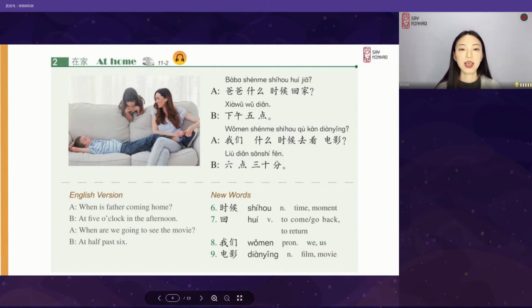Okay, now let's try to read it from the start. Read after me, please. 爸爸什么时候回家? 下午5点. 我们什么时候去看电影? 6点30分. Okay, now let's try to read in rows. I will be A and you will be B. 爸爸什么时候回家? 我们什么时候去看电影?